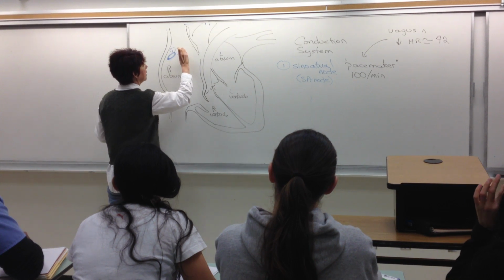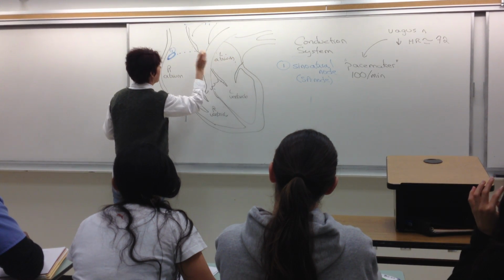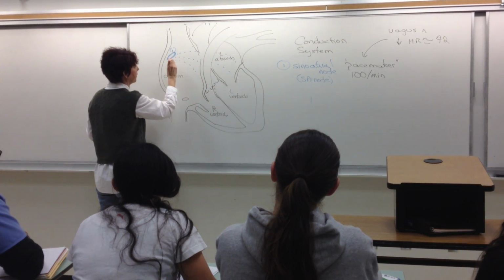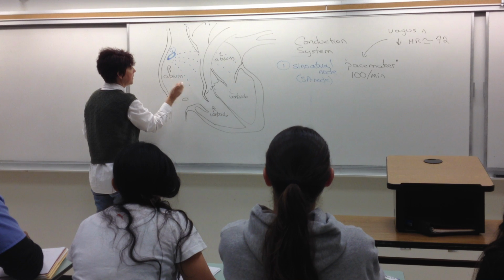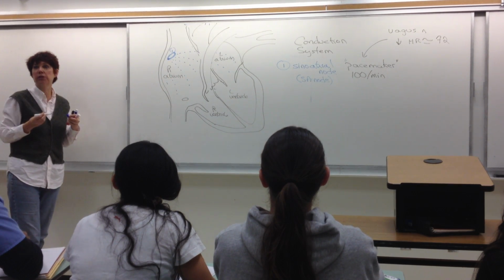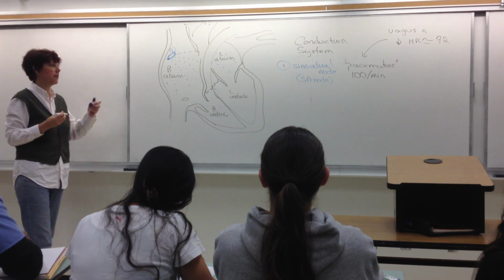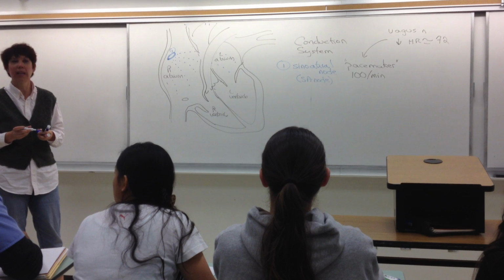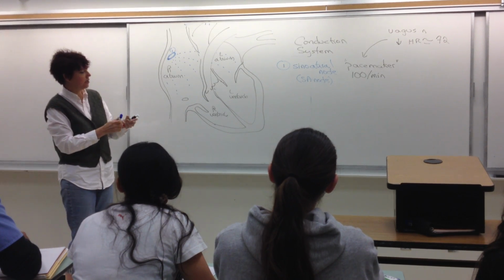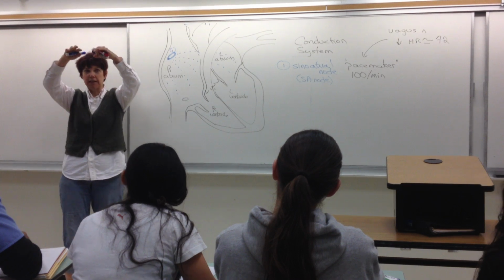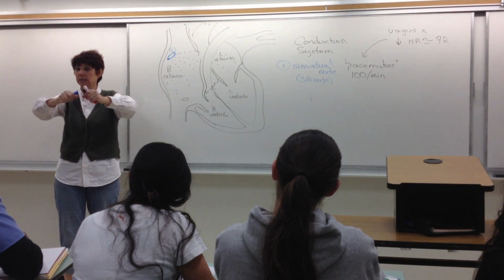So passing through the cardiac muscle cell, from right atrium through the left atrium as well, these blue dotted lines represent that electrical current. And in response to that current, the cells contract. So the two atria are going to contract in this direction. They're going to start at the top and squeeze down.